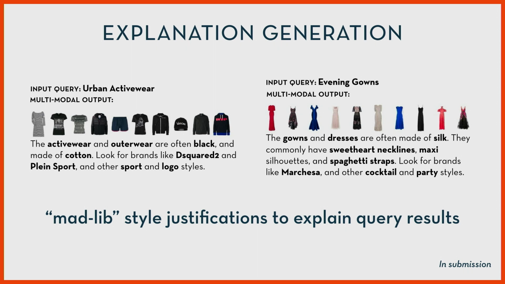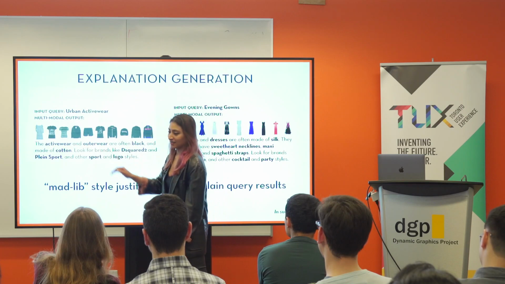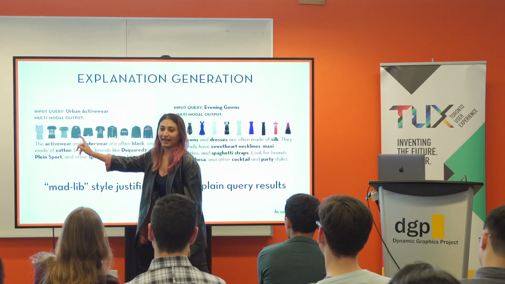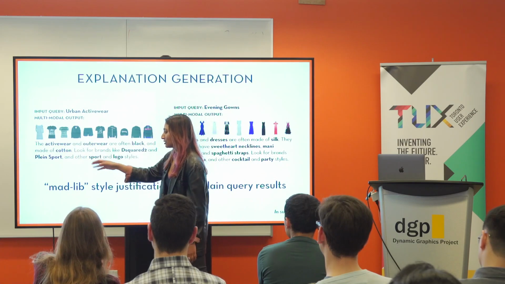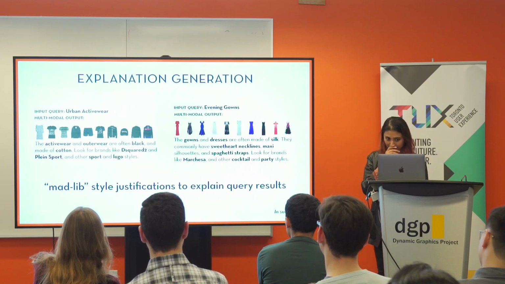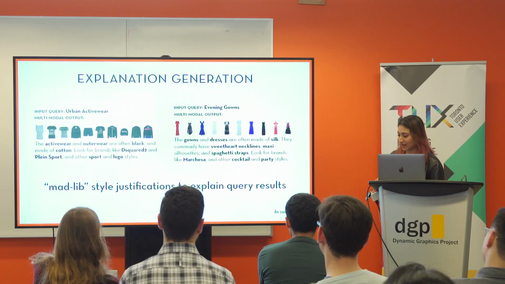So if someone queried with urban activewear, we can show the results for it, and then this is automatically getting generated. And basically, we're filling in the things you see in bold based on the category that they belong to. So it's basically like Mad Libs. Does this make sense? Okay.